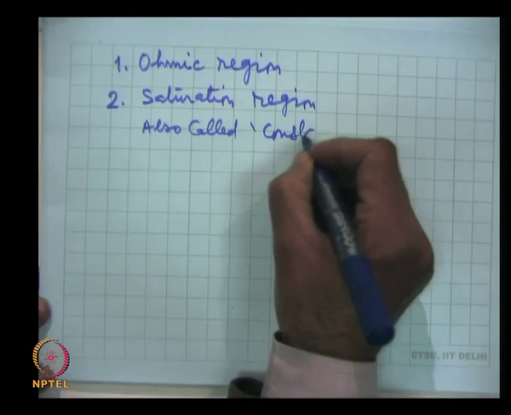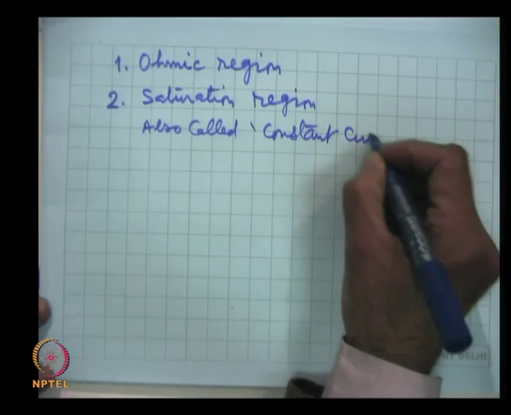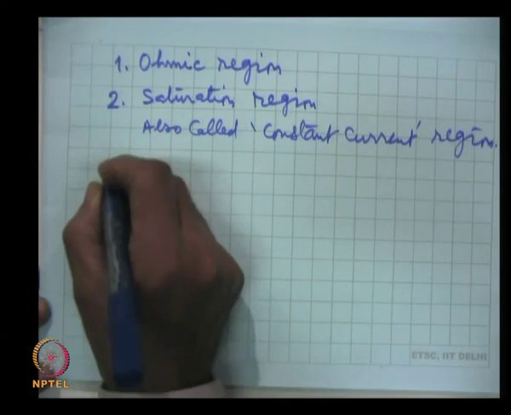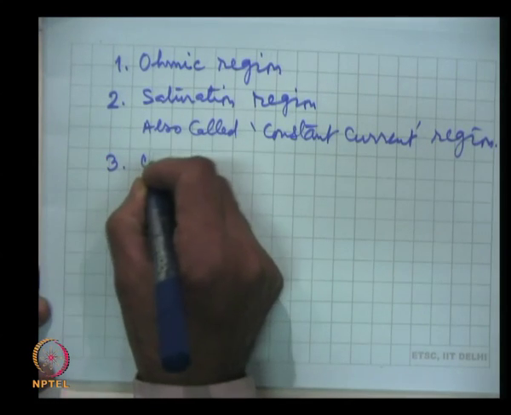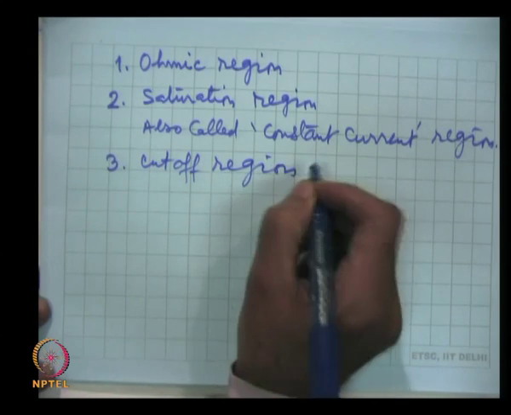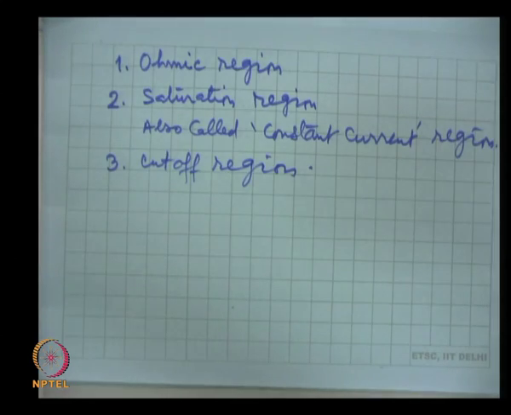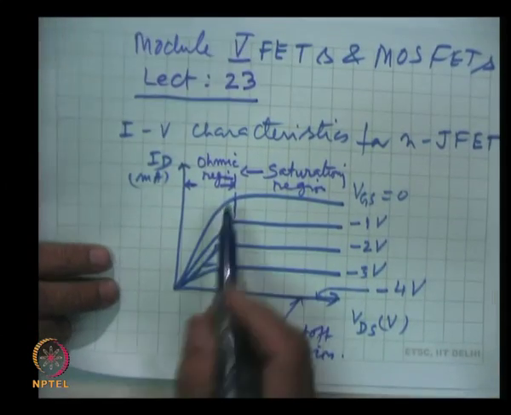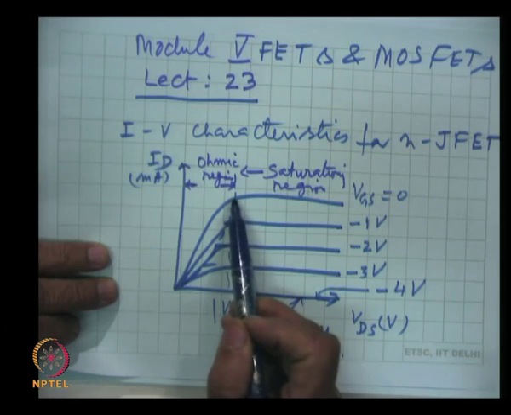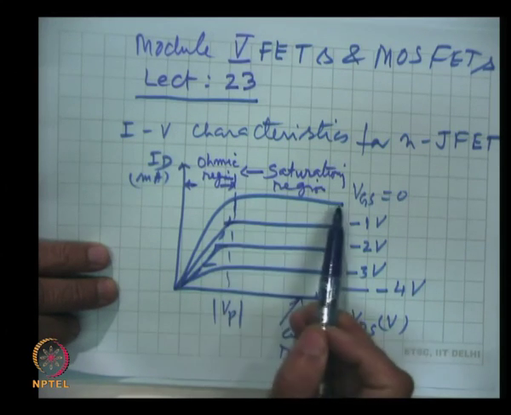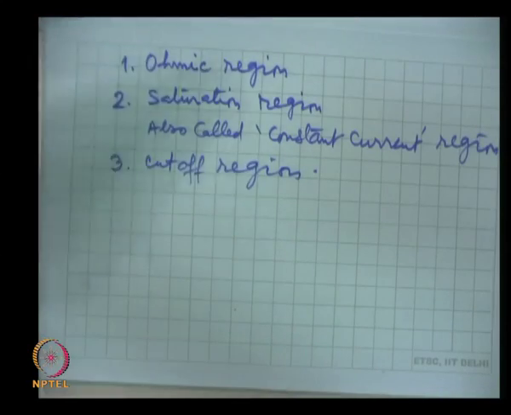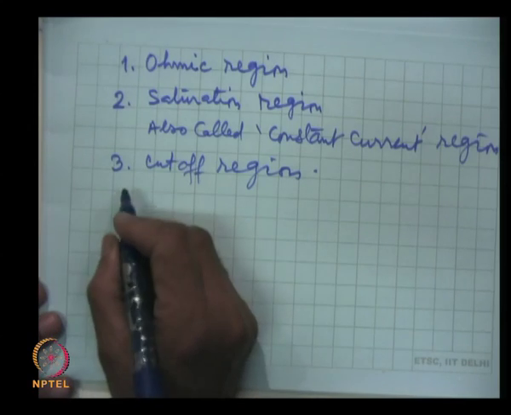And third is the cutoff region. These are the 3 regions. The region before the current starts saturating is called the Ohmic region. So, first we take the Ohmic region.